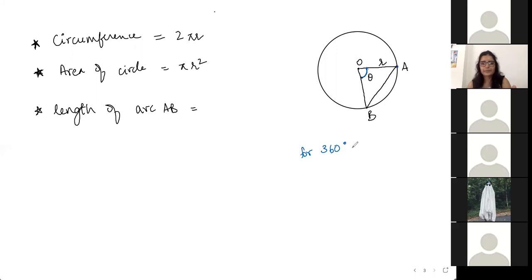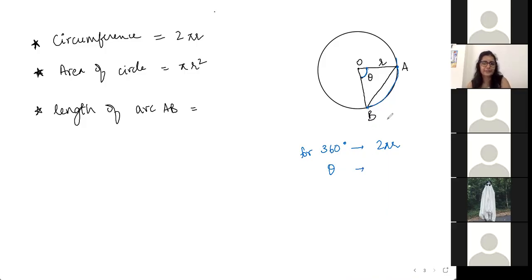2 pi r. The length you have traveled from here all the way around would be 2 pi r, because you're doing one whole circle, whose radius is r. Now, instead of going the full 360 degrees, you just went from A to B, an angle of theta degrees. How much would you have traveled? How much is this part of it?